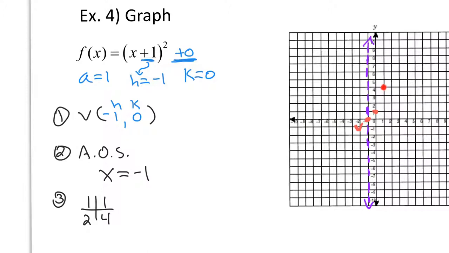So I'm going to start with this one, 1, 2 steps, 1, 2 steps. So right here. And the other one, this one is 1 unit away. So on the other side, 1 unit away, right there. So I make my U shape, and I have my parabola. It is going up, a is positive, and the vertex is at -1, 0.